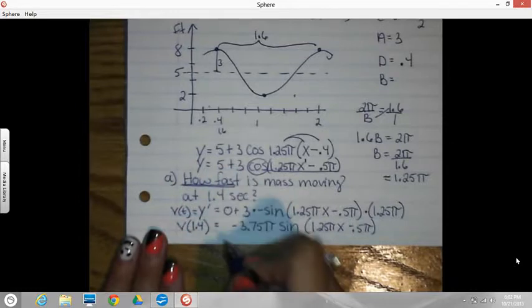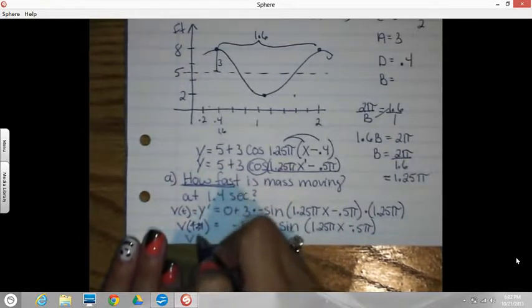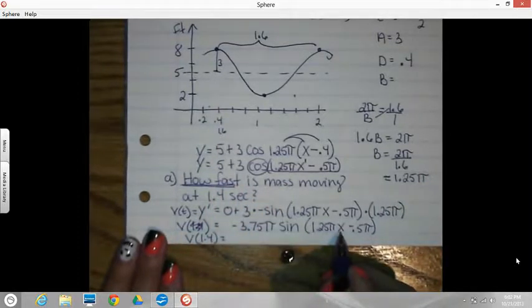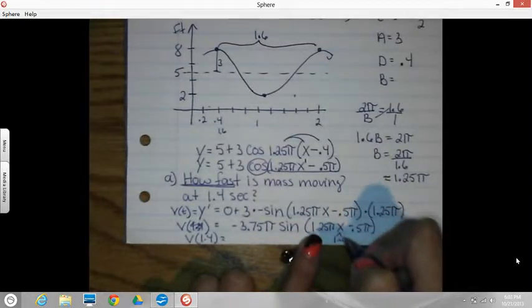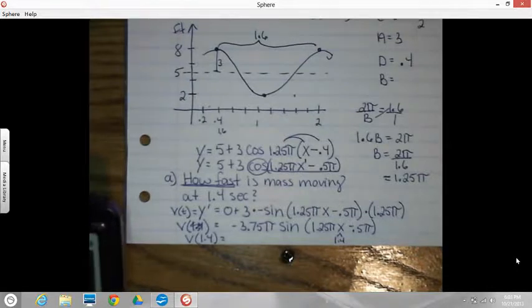So now I can find the velocity at, I asked for, 1.4. So that's just plugging, oops, I shouldn't have put that there. Velocity at 1.4. Putting 1.4 in for the x right here. And then cranking through it. And make sure you're in radian mode. Let's see mode. I'm in radian.